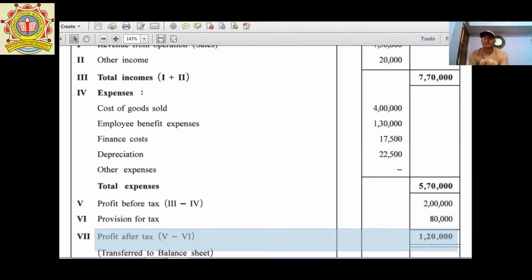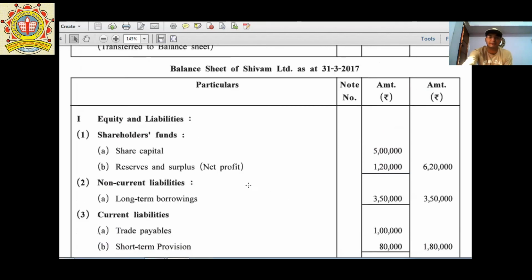Now, most important thing, this profit we have to transfer to the balance sheet under the heading of reserves and surplus. Profit after tax we have to transfer to the balance sheet under equity and liability, in reserves and surplus, for 1,20,000 rupees. That is what we call net profit.